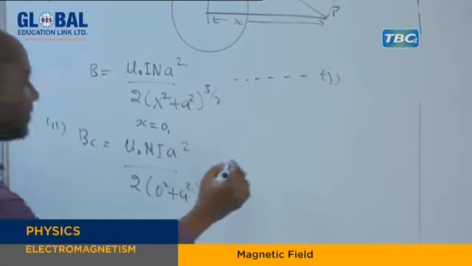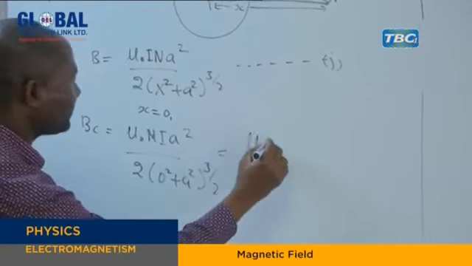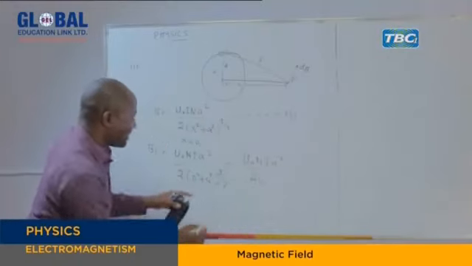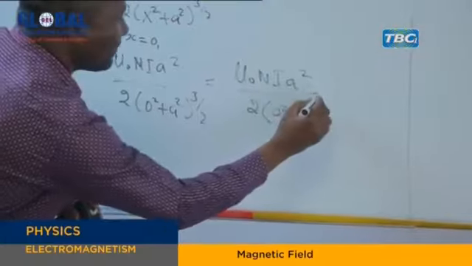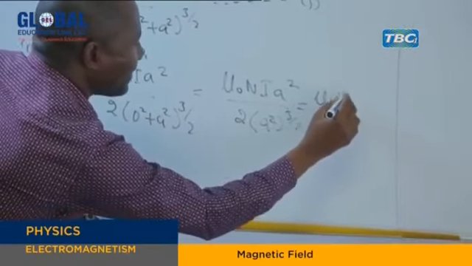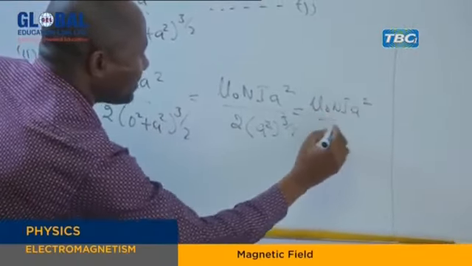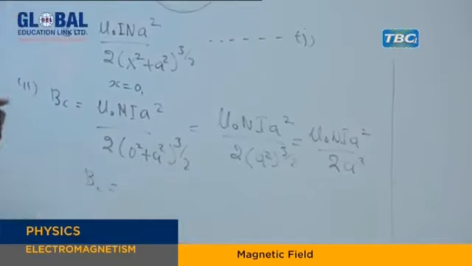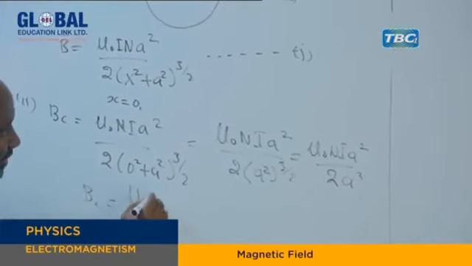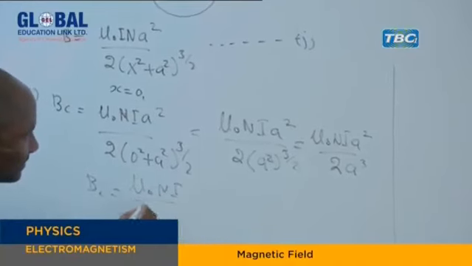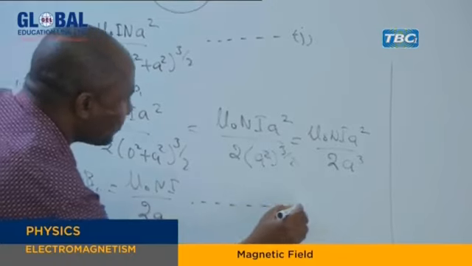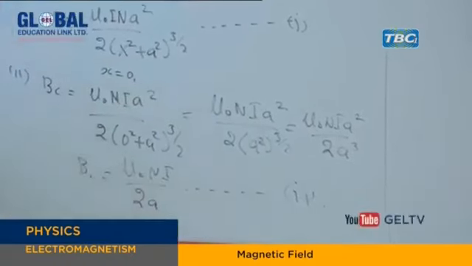Simplify: the 2 and 2 cancel out, and we have mu N I A squared over 2 A cubed. We come up with the formula for the magnetic flux density at the center as mu I N over 2A.